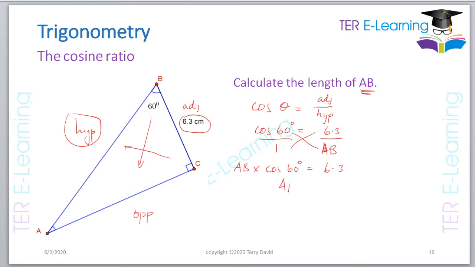Therefore AB is equal to 6.3 divided by cos 60 degrees. Therefore AB is equal to, and we're just going to work this out. So 6.3 divided by cos 60, and you're going to get 12.6 as my answer.